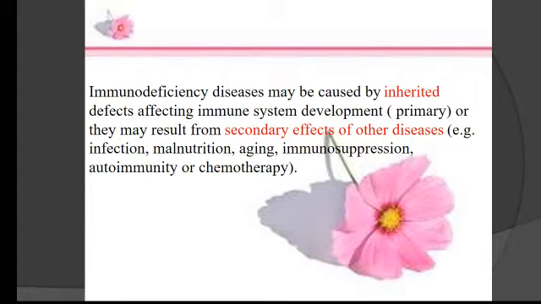Immunodeficiency diseases may be caused by inherited defects affecting immune system development primarily, or they may result from secondary effects of other diseases. Example: infection, malnutrition, aging, immunosuppression, autoimmunity, or chemotherapy.